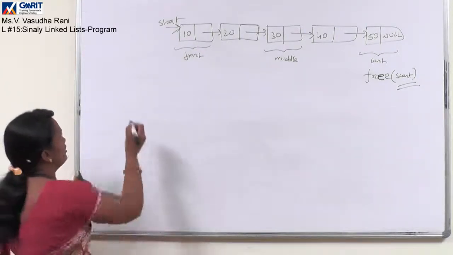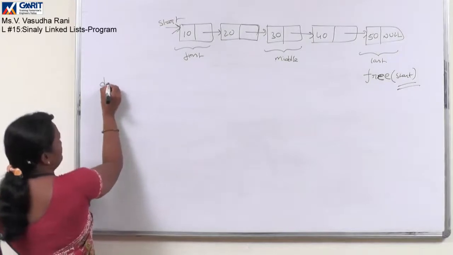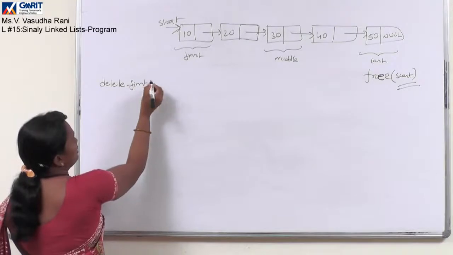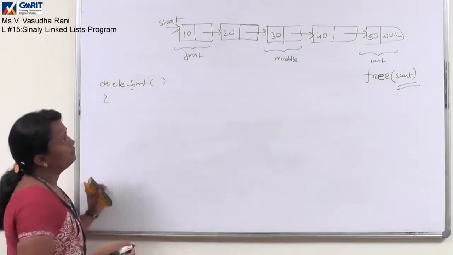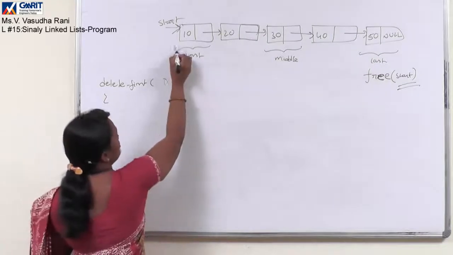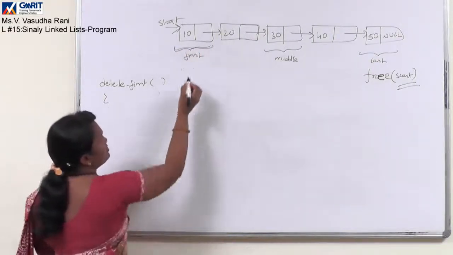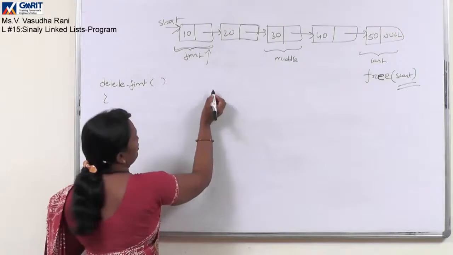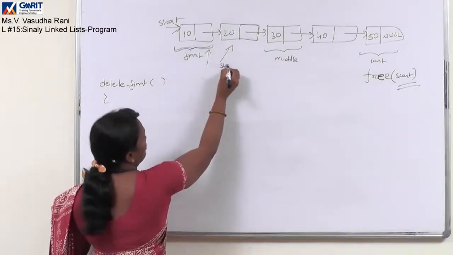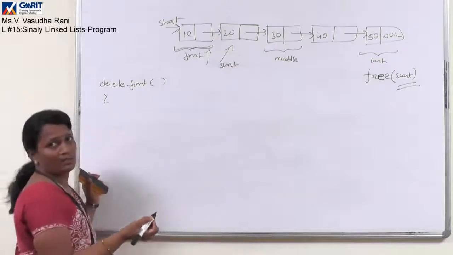Okay, so now to start with, delete the first node. First node, the start node, is to be deleted, and this node is to be freed. So once you delete this particular node, the next node of the start should become your start node.